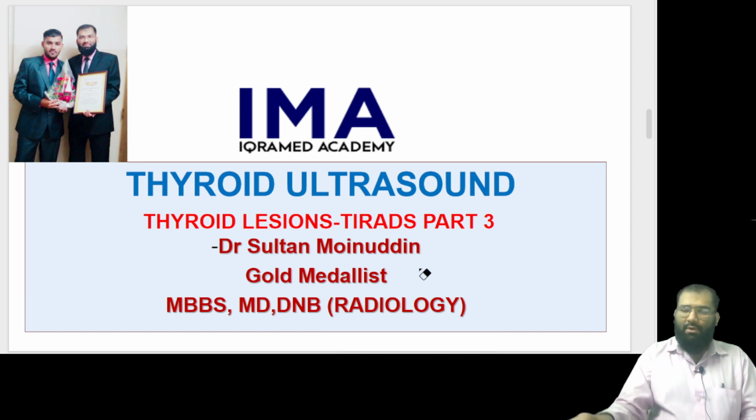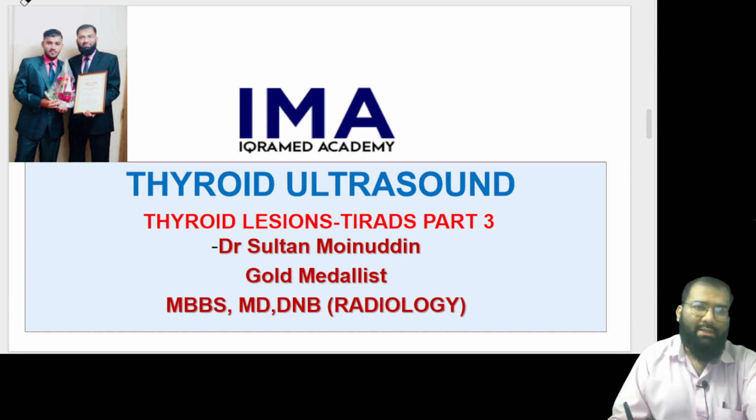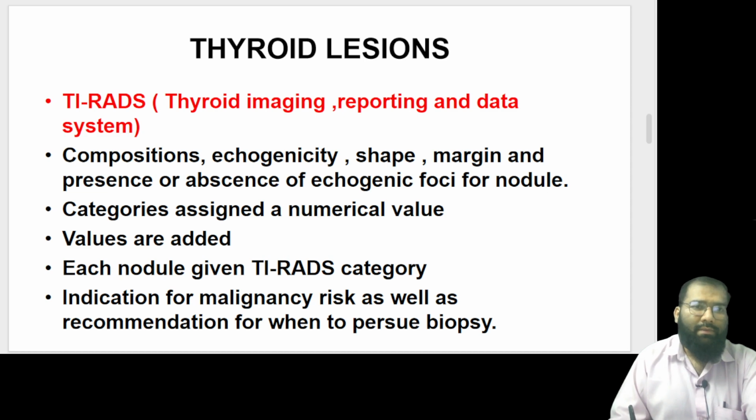So initially I would take some portion from the previous part as a revision, and then we would move to the final part. So thyroid, as you all know, is thyroid imaging, reporting and data system, and you see the various compositions, echogenicities.